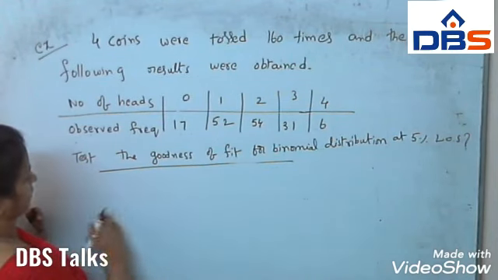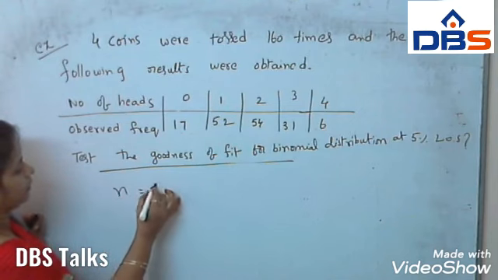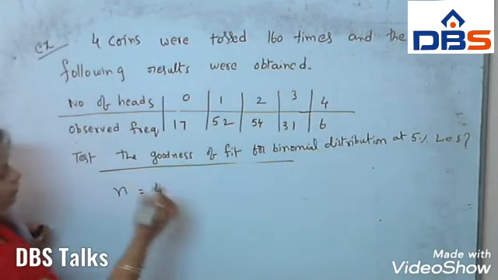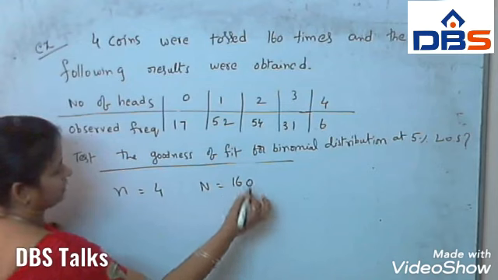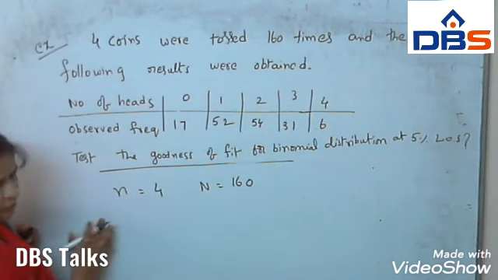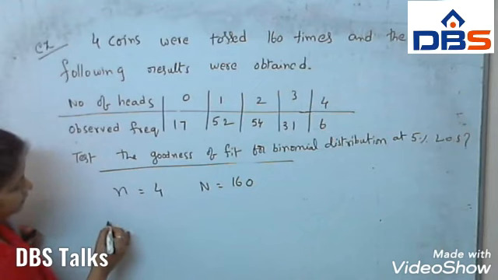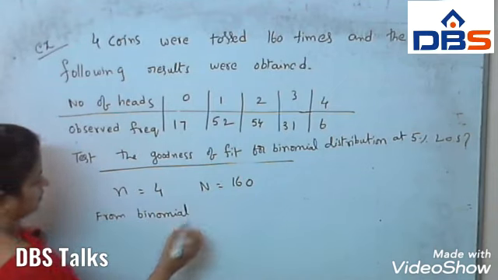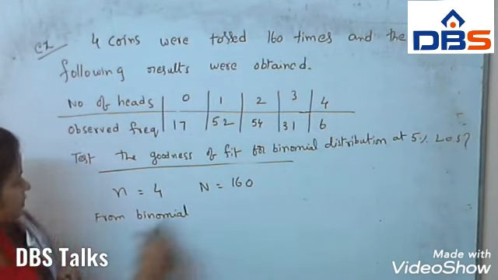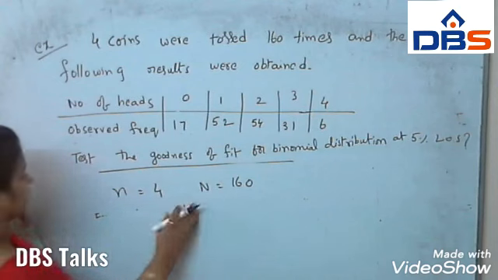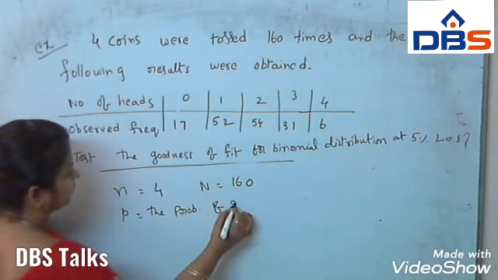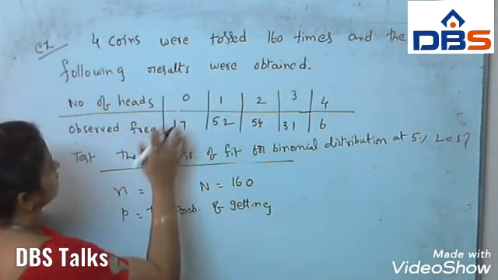First, binomial distribution. Here n equal to 4. That means we are tossing 4 coins each time. That means number of trials n equal to 4. N equal to 160. Using binomial distribution, the probability of each case: let p equal to the probability of getting a head, because the question is on heads.